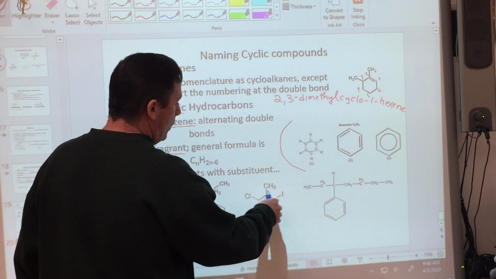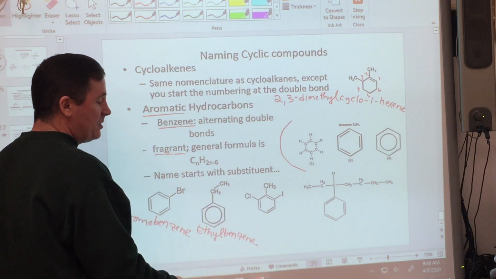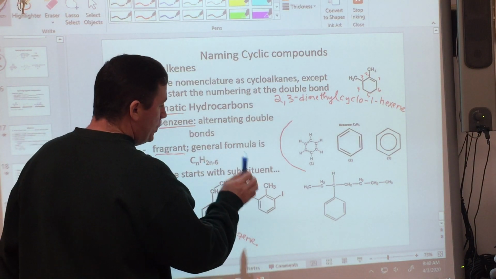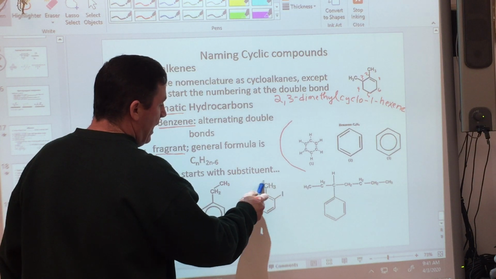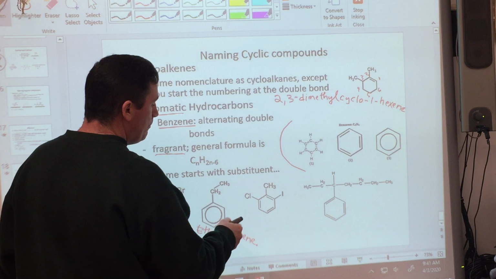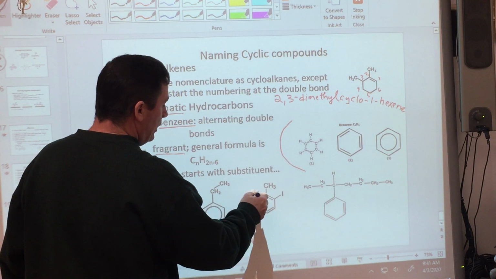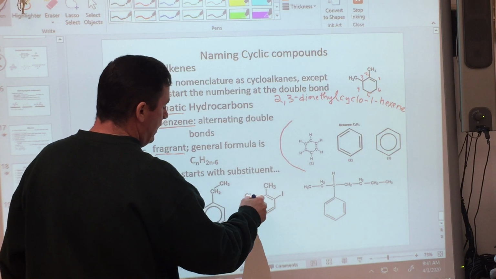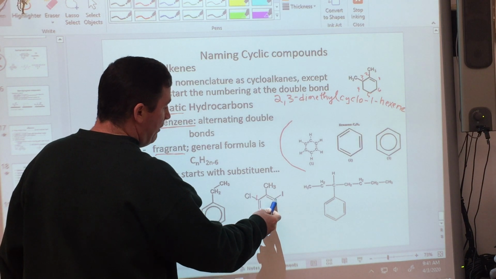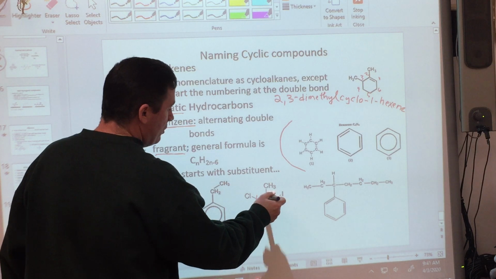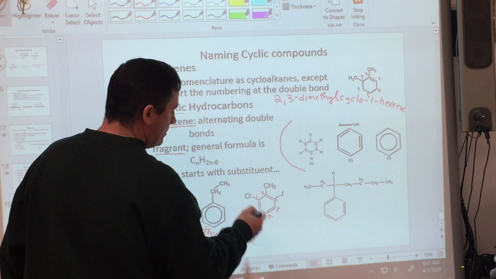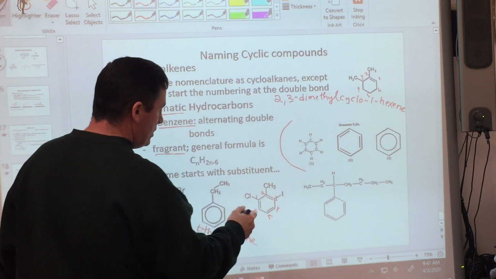So because of that, I'm going to go by the substituents. So I'm going back to the alphabetical. So what happens here? Which comes first? I, M for the methyl, or Cl for chlorine? Well, it's going to be chlorine is number 1. Then I use my lowest order. So I can't go 1, 5, 6. I've got to go 1, 2, 3, 4, 5, and 6.